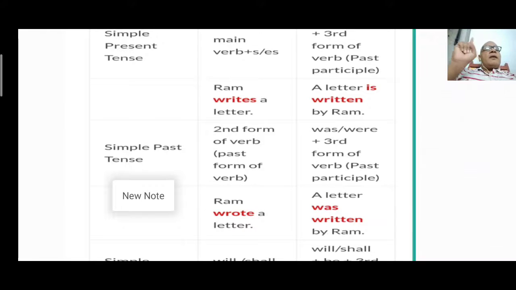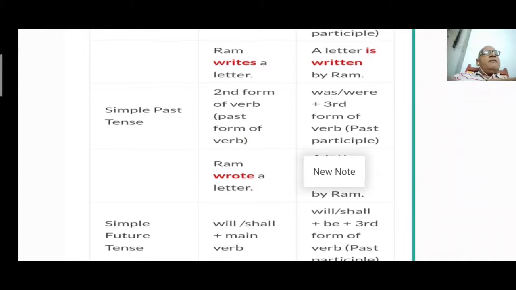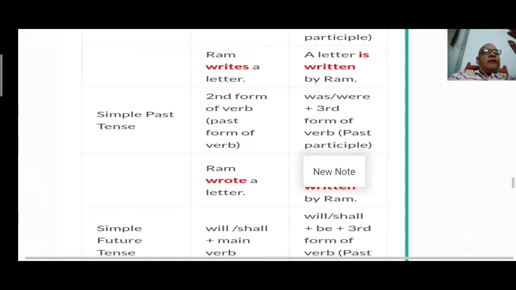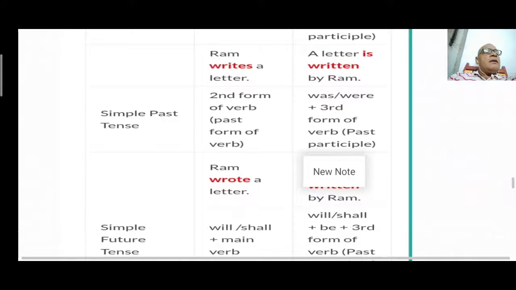And here, simple past tense: subject plus verb 2 plus object. It can change into passive voice as object plus be. That be is in past: was for singular, were for plural, and the third form of the verb, that is the past participle form. One example which we mentioned above already: Rama wrote a letter.